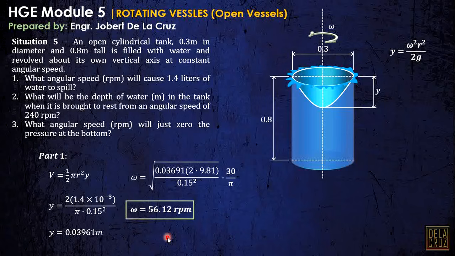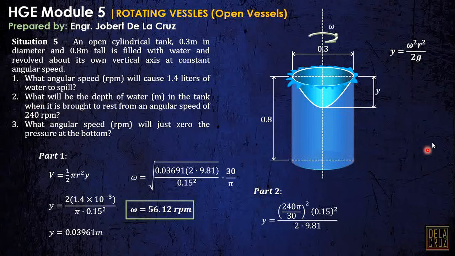Okay, number 2, what will be the depth of water in the tank when it is brought to rest from an angular speed of 240 RPM? Okay, pinaikot daw natin siya by 240 RPM. Then after that, it will become rest or it will be in rest position. Then after that, ano yung depth of water in that case? Okay, take note, pag pinaikot natin to ng malakas, so we have the omega here, 240.